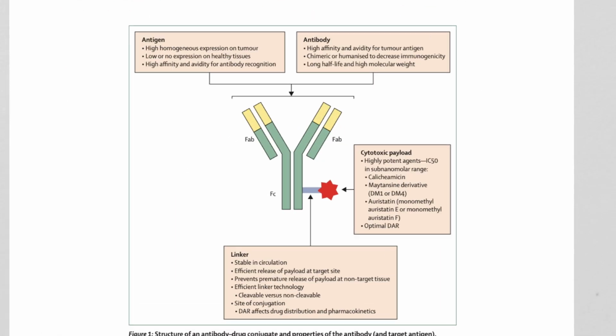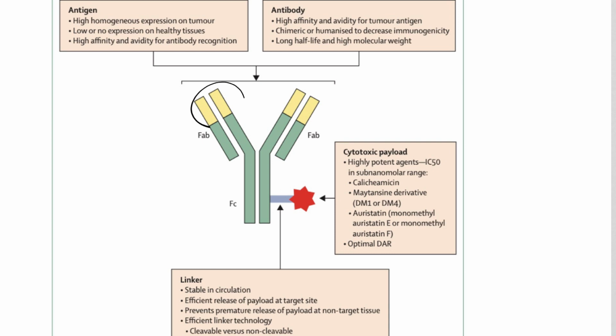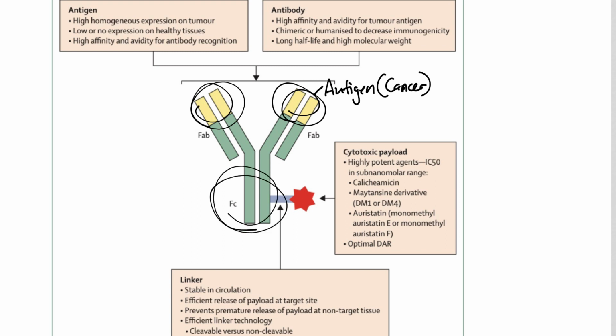Right? So in this case, we have our variable regions just like we talked about. These are what would bind the antigen, and we hope the antigen is something on the cancer cell in the tumor. Now, on the constant region down here, we're going to link a drug to it, what they're calling the cytotoxic payload.